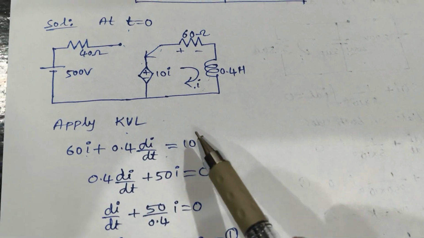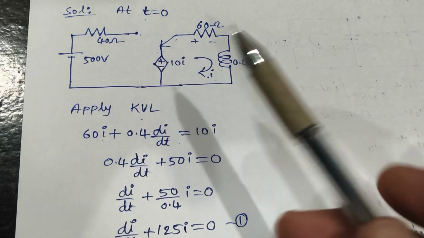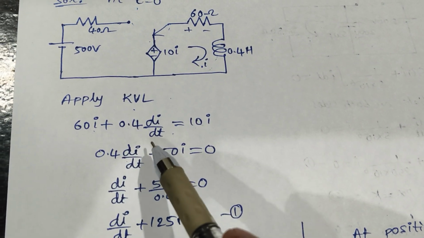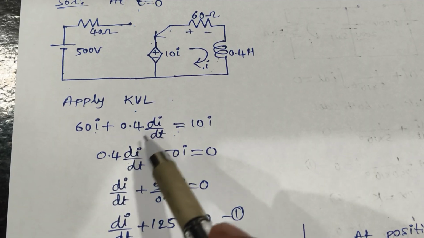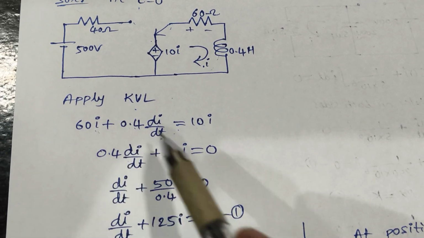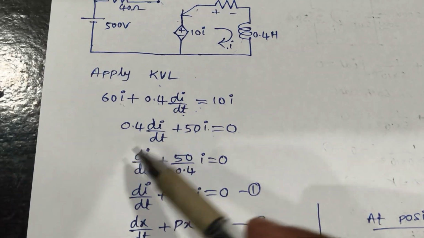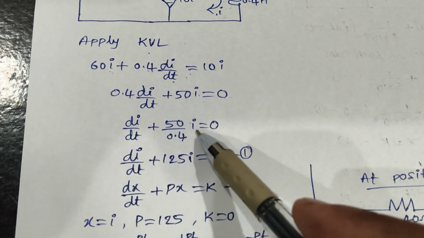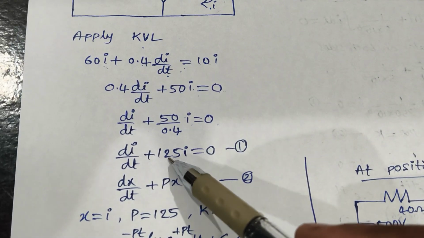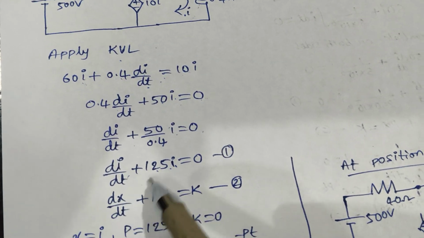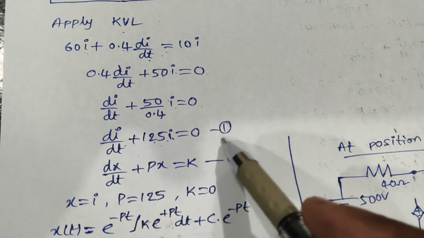Solving further, the 10 goes to the other side: 0.4 di by dt plus 50 I is equal to 0. Dividing both sides by 0.4, you get di by dt plus 50 by 0.4 into I equal to 0, that is 125 into I equal to 0. So di by dt plus 125 I is equal to 0 is the first equation.